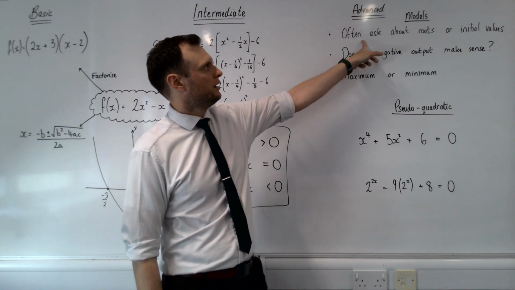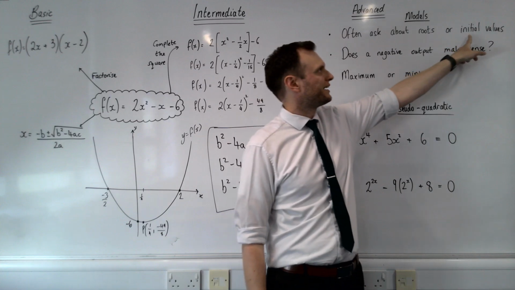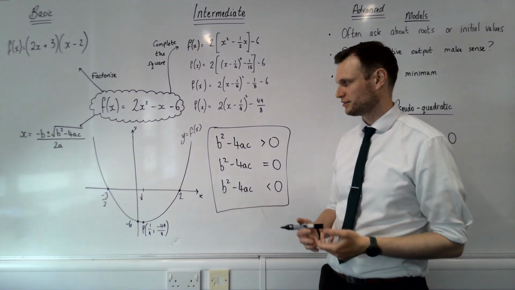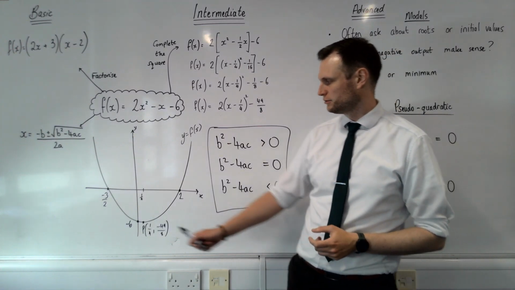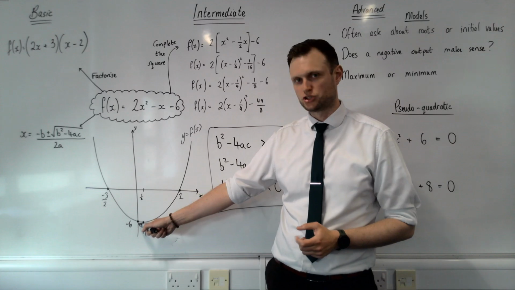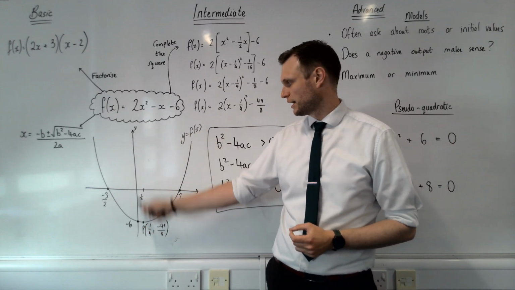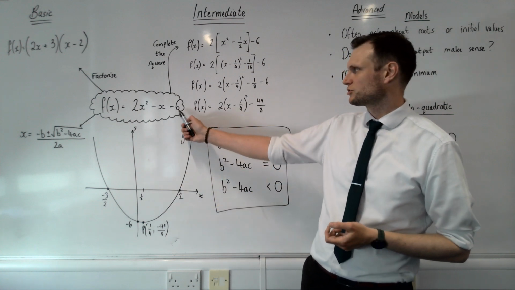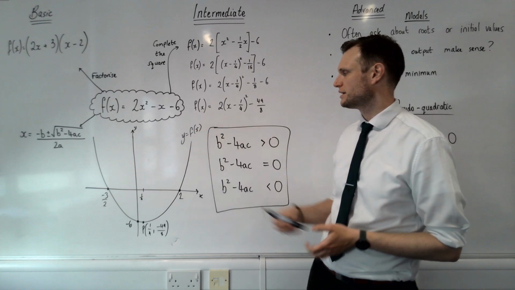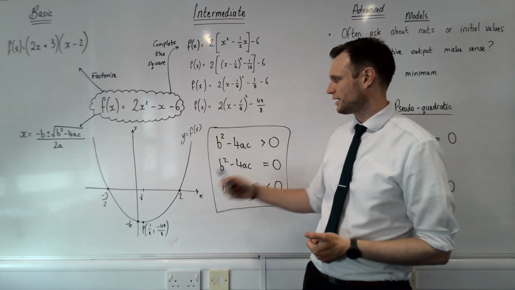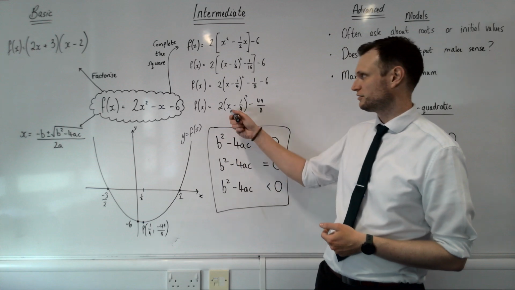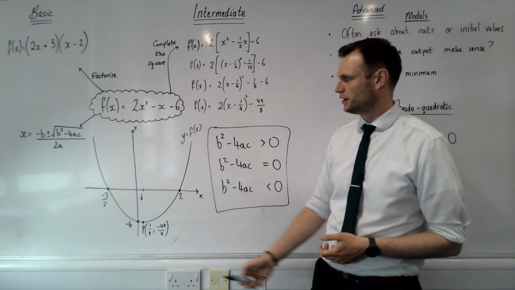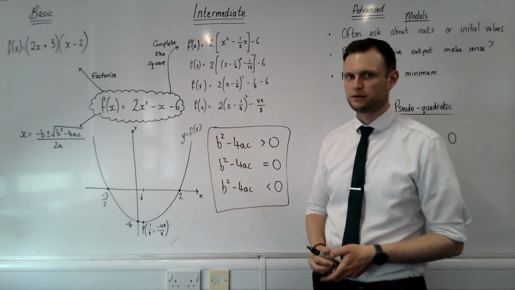And then if it asks about initial values, so if the x-axis is time instead of x, the initial value would be just what it is on the y-axis when x equals 0 or t equals 0. So that's just this number here. You can find it by putting x equal to 0, either in this form or in this form or any form. To be fair, you can just put x equal to 0 and that gets you the initial value.